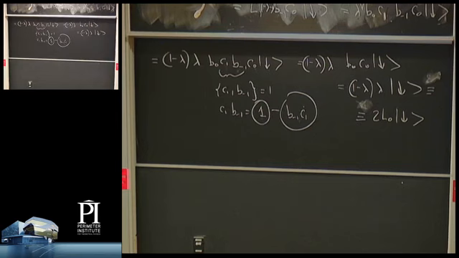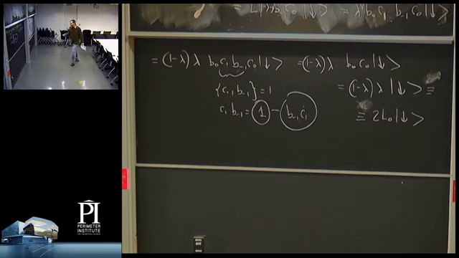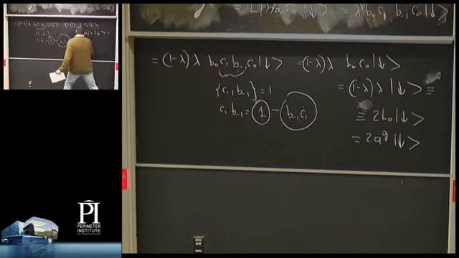Okay. So now, it must be the same. Not by definition, but by the Virasoro algebra, it must be the same as 2L0 acted on the downstate.